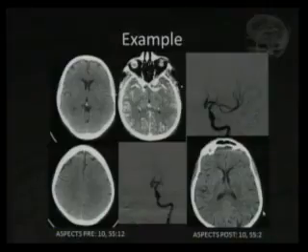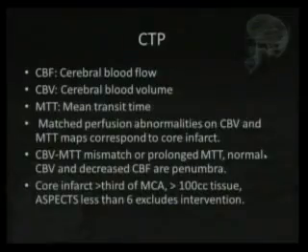So it does work. The ASPECTS score, CTA, is the minimum that we require to decide whether the patient goes to the angio suite or not. Then, if we have available CT perfusion, it's a nice tool to use.